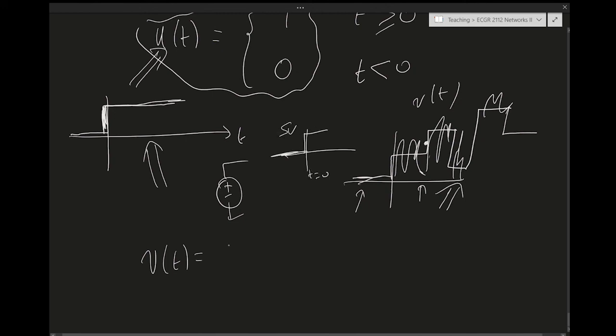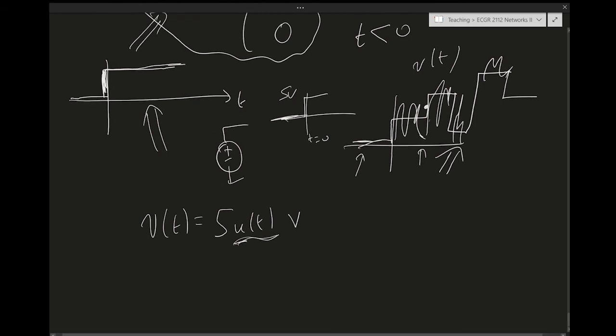Then I can model it as 5 u of t volts. That's the role of the unit step function: to provide a mathematical means of modeling discontinuities in the voltage and the current.